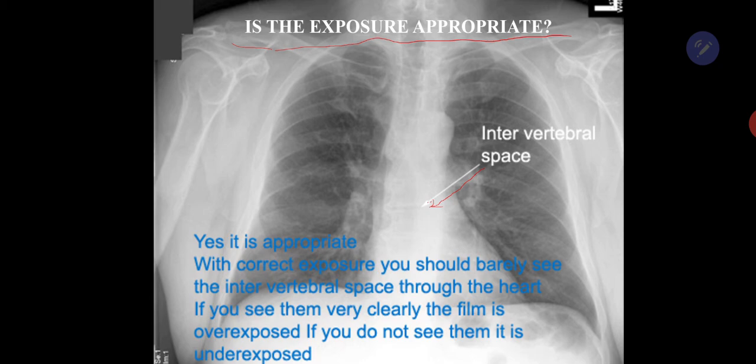If it is barely visible, it is appropriate exposure. If you do not see the intervertebral space through the heart, it is underexposed, and if you see them clearly, the image is overexposed.